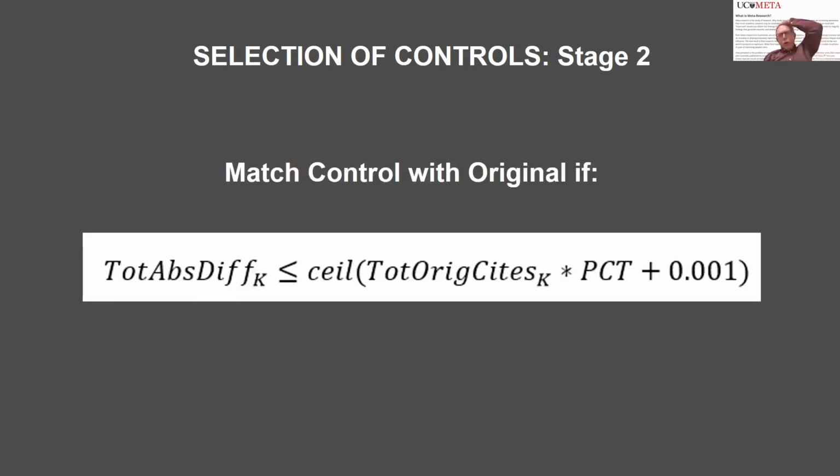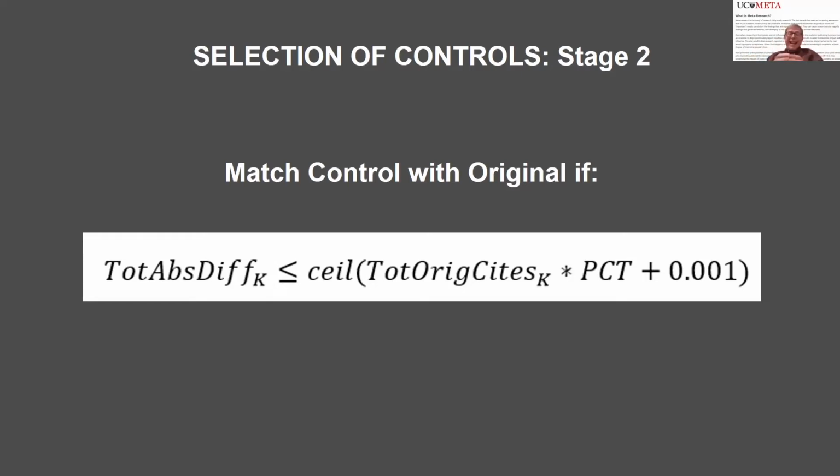And what we're going to do is match the control with the original if that difference in citations in the pre-treatment period is less than or equal to some threshold. And that threshold value is going to be a function of how many citations the original study had at the time the replication was published. The idea being that it's hard to find good matches.